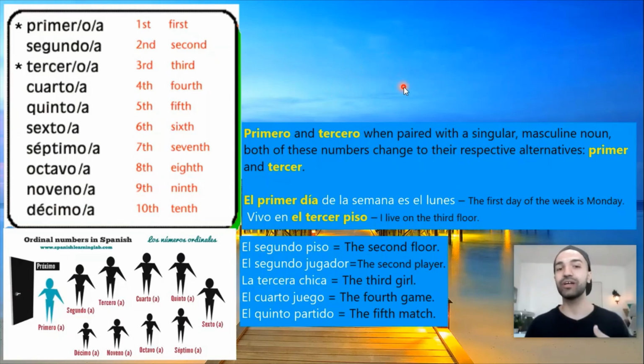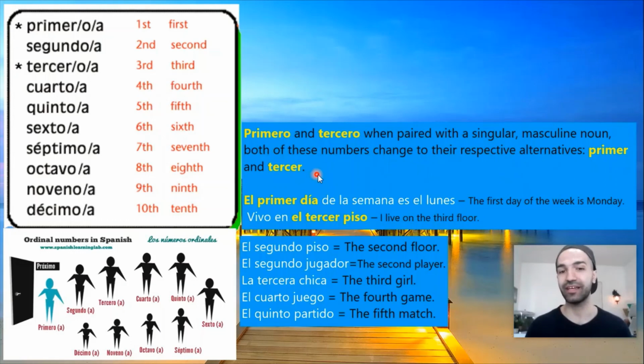Yo llego primero. If I want to say first, I want to go out, here also we say primero. Primero quiero salir. First, I want to eat. Primero quiero comer.